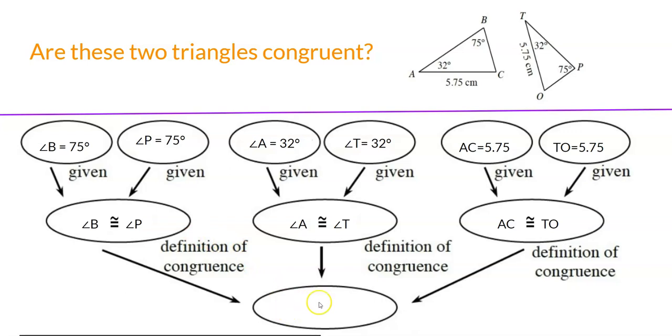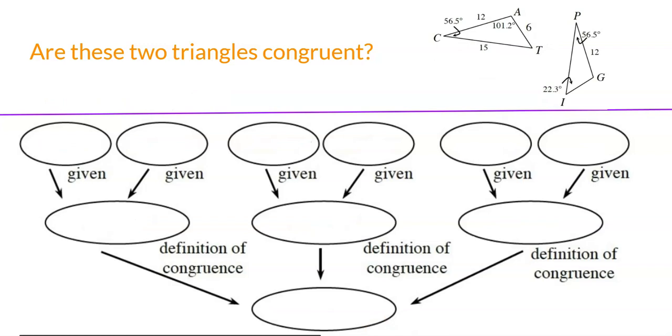As we mentioned in the last lesson, we want to start with our B first right here, then go to A next, so we go from B to A, and then to C. Same thing on the second triangle: I start with P first, then go to T, so it becomes P, T, and then O. Triangle BAC is congruent to triangle PTO, and the condition is angle, angle, side.